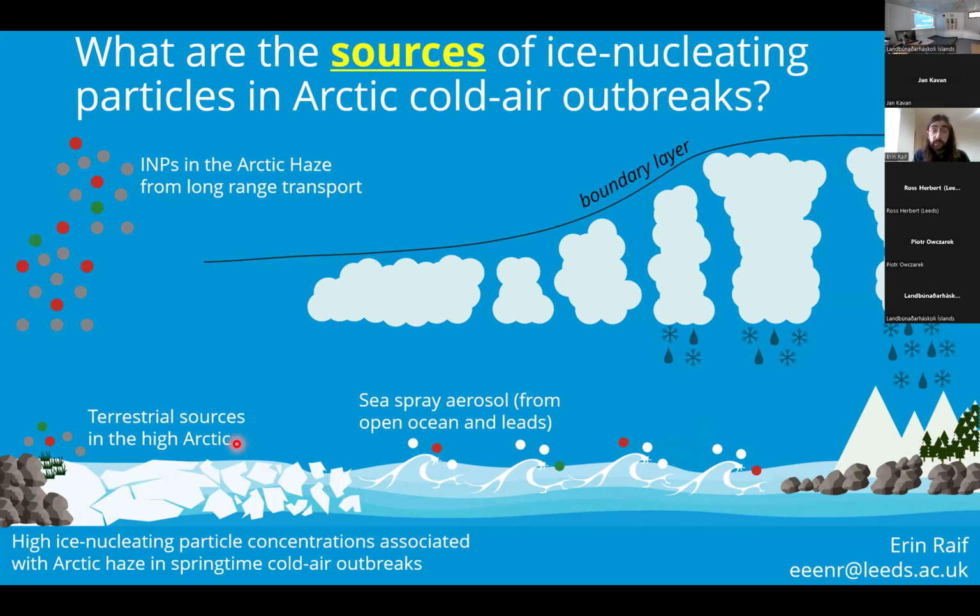So we know, as we've heard many times, there is dust in the Arctic, and there's also biological material. And finally, INPs in the Arctic haze was a potential other, more rogue suggestion, which this title is sort of a spoiler for, but INPs that may have come from long-range transport. So we had to do some detective work to try and work out which of those it was.